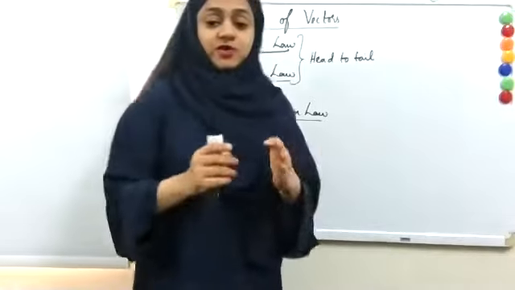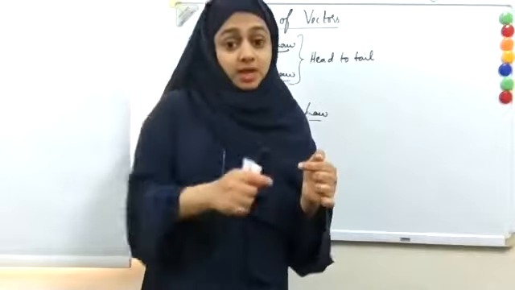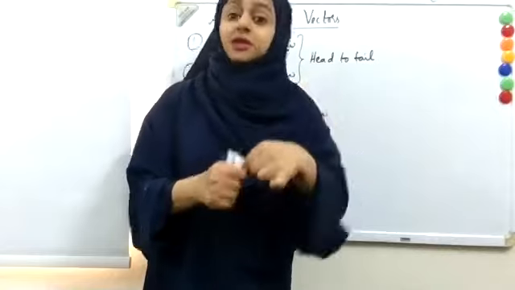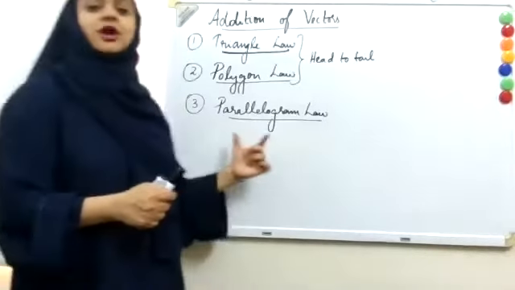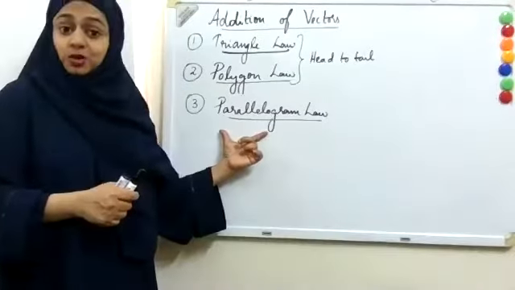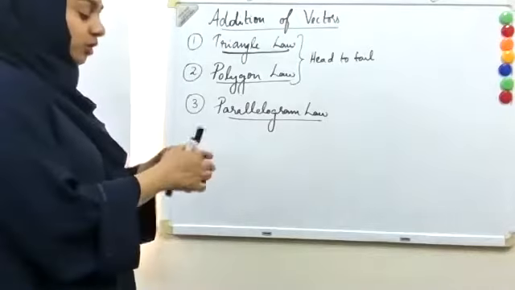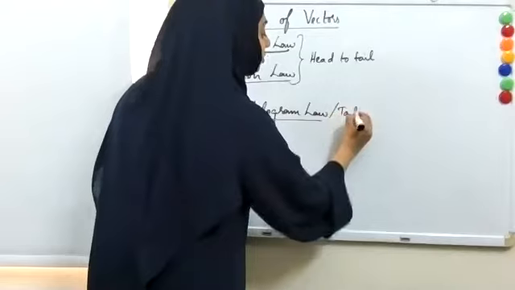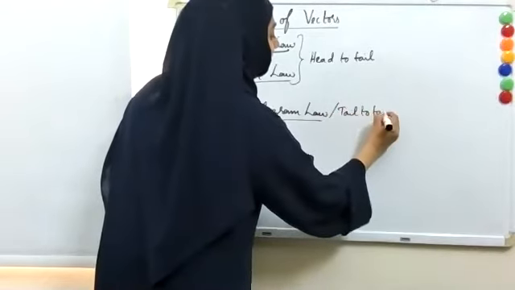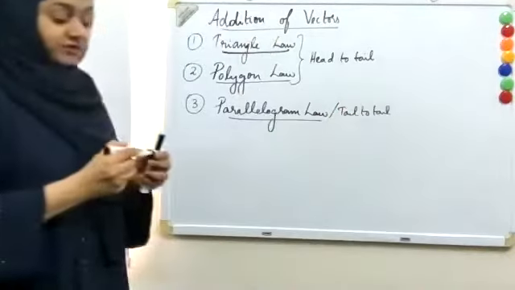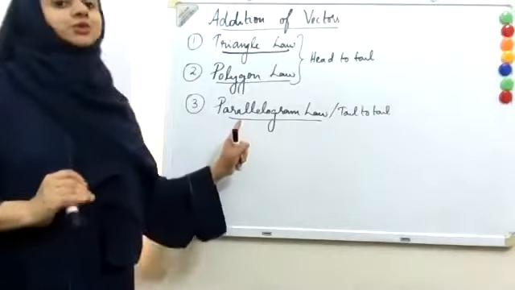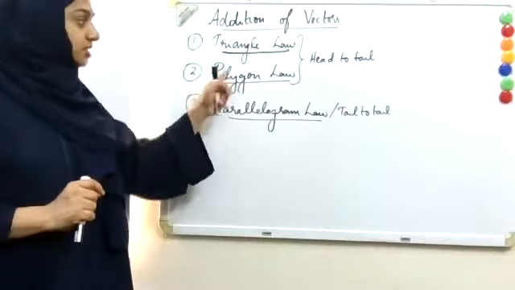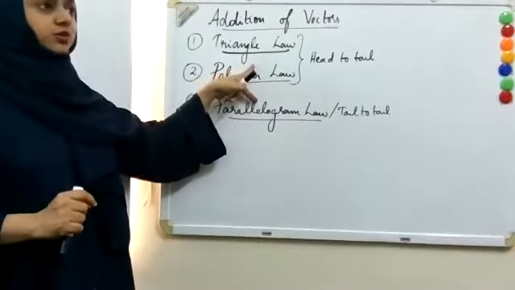But if you find the tail of one vector touching the tail of another vector, you have to use the parallelogram law. So the parallelogram law you can otherwise remember as tail to tail. Even if it is head to head, you can use the parallelogram law. So those are the two different situations.